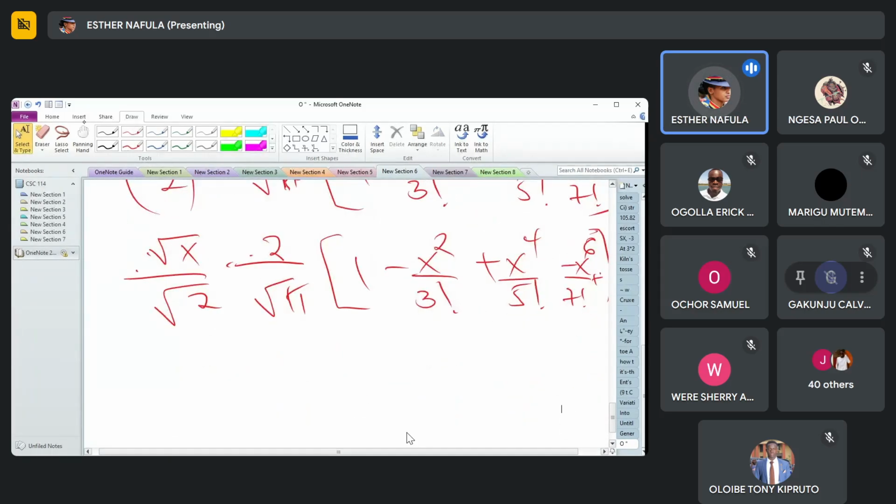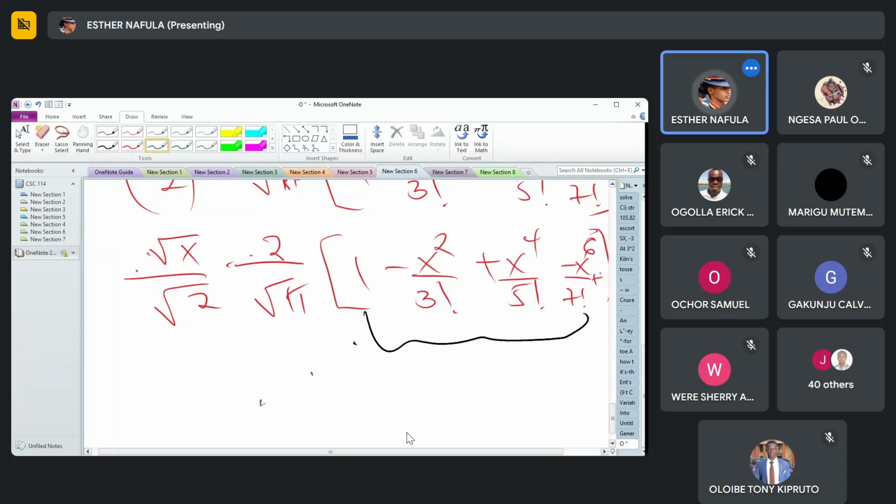So this term inside the brackets almost looks like some familiar function, but it's not quite. There's something we can do to arrive at that particular function.